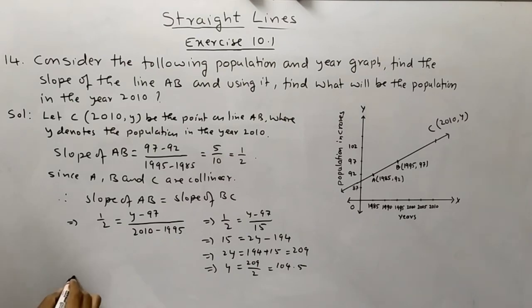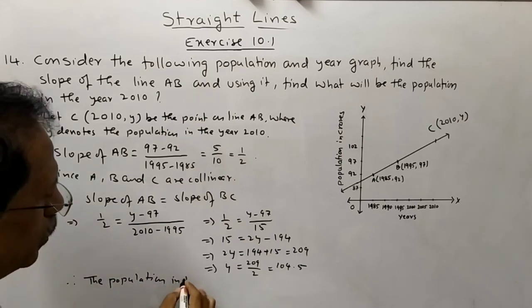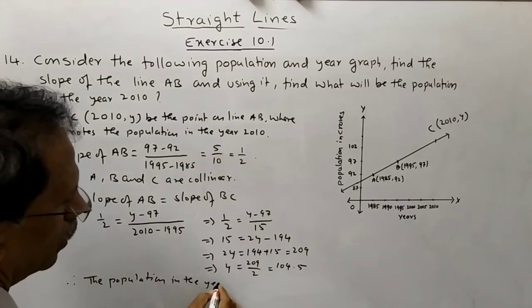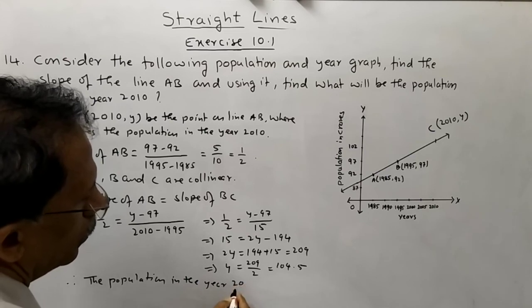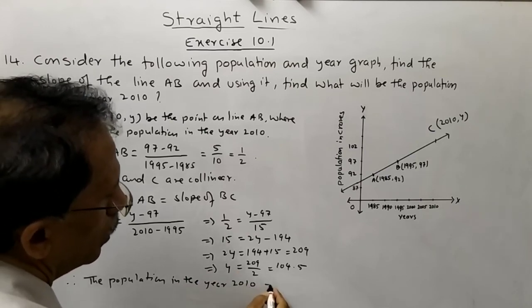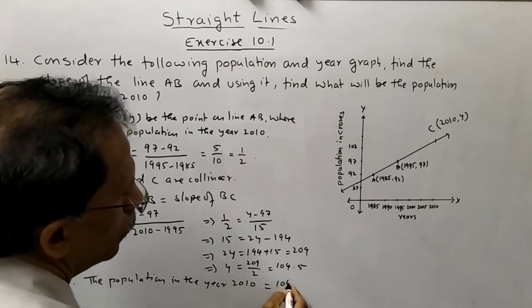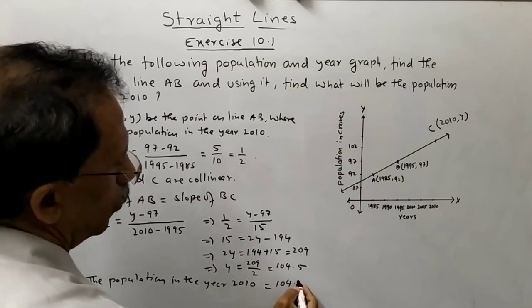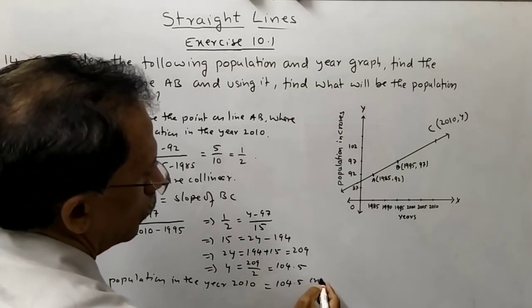Therefore, the population in the year 2010 is equal to 104.5 crores.